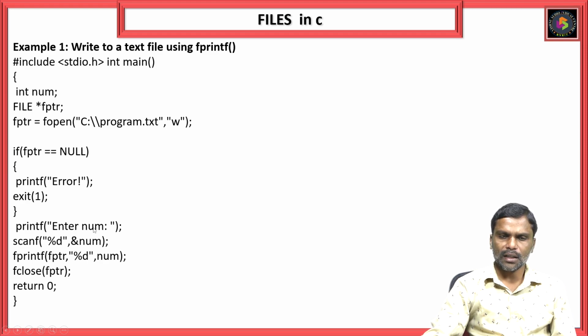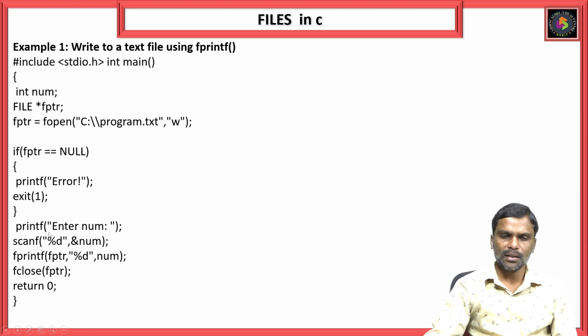Here, enter a number. First we have to check whether the file pointer is NULL or not. If it is NULL, it will exit. Then printf enter the number. So I am taking some number here. In the void main also, in the int main also, we have declared int num.